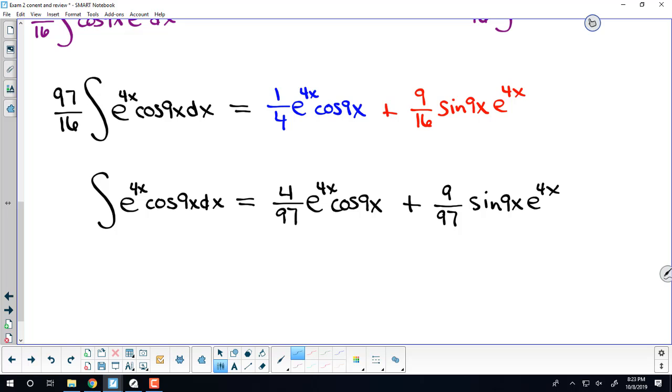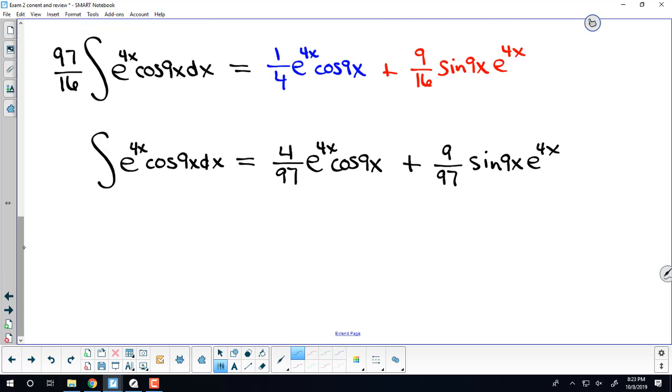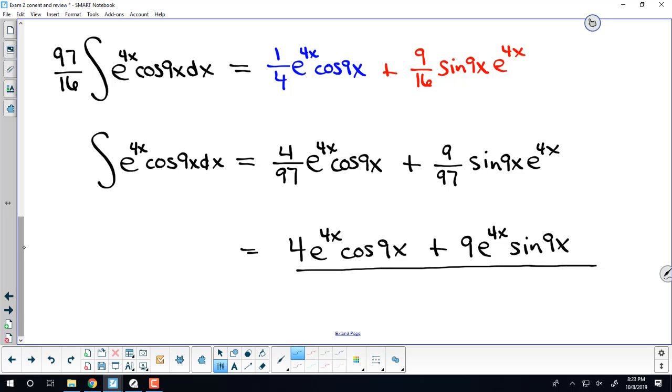Since they're both over 97, you might see this as 4e to the 4x cosine 9x plus 9e to the 4x sine 9x all over 97.